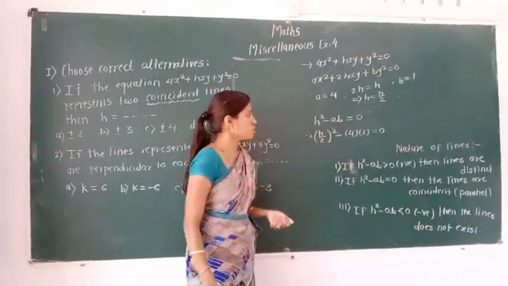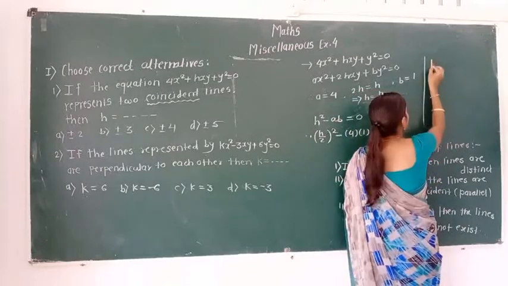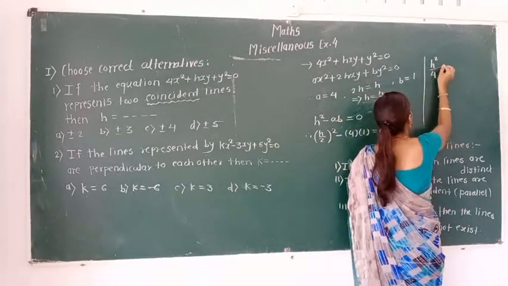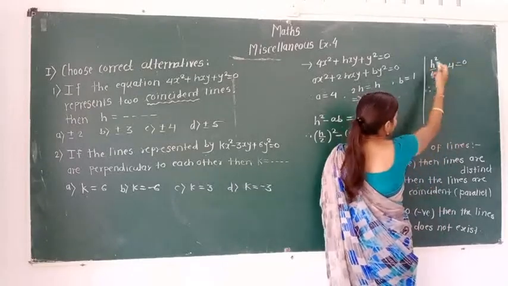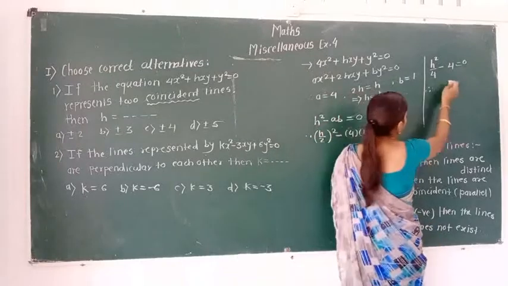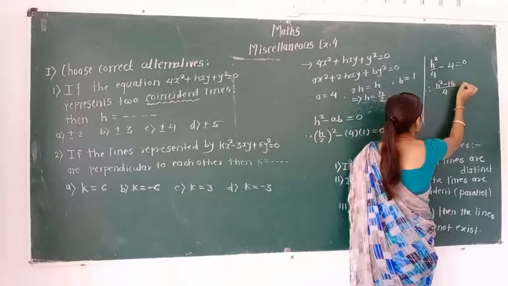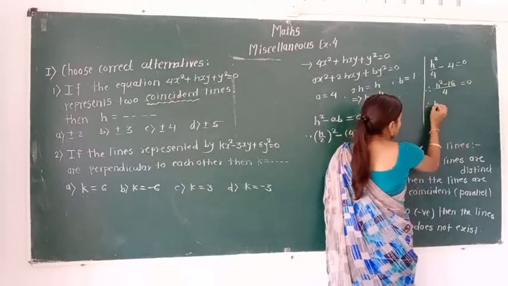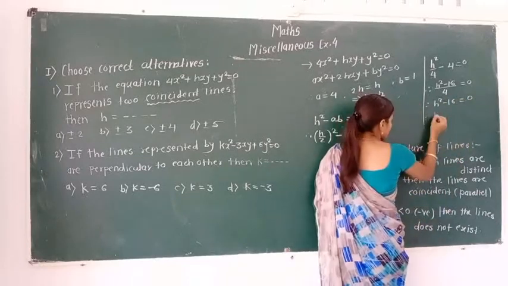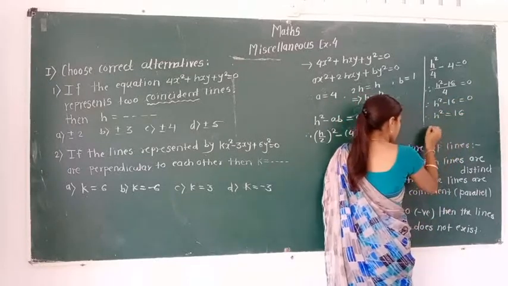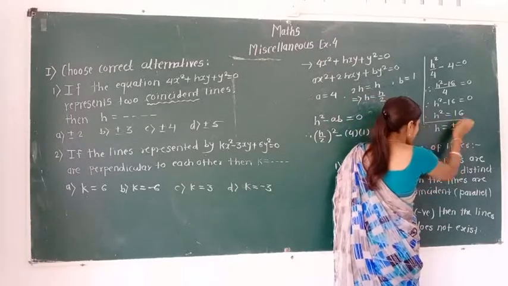Now simplify this condition. (h by 2) square is h square by 4, minus 4 is equal to 0. The LCM of both terms is 4, so h square minus 16 is equal to 0. So h square is 16, and the value of h is plus minus 4.